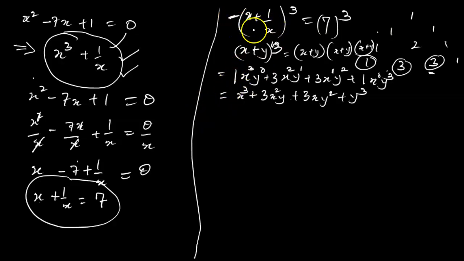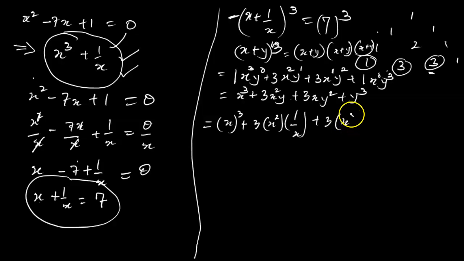So x plus 1 over x raised to power 3 is the same thing as x raised to power 3 plus 3 into x squared into 1 over x, because that is our y now, plus 3 into x into 1 over x squared, plus 1 over x all raised to power 3, equals 7 raised to power 3.